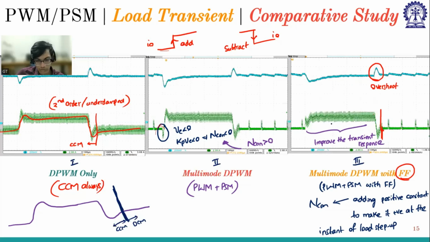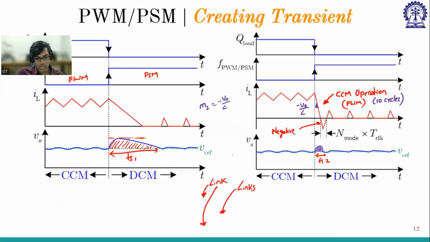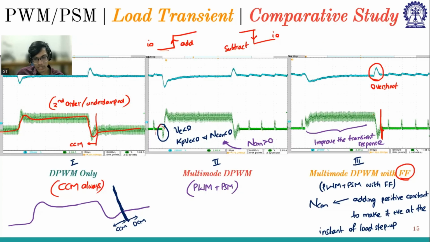The inductor current waveform will be similar. It is exactly similar to what is happening in the first case. And after that, we are going into the DCM operation. This is for the reason we would like to reduce the voltage undershoot. So to reduce the voltage undershoot, we are forcing it to operate in the CCM. So that is the reason for this undershoot.